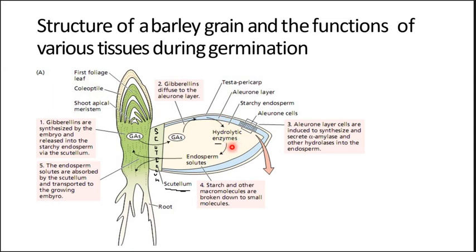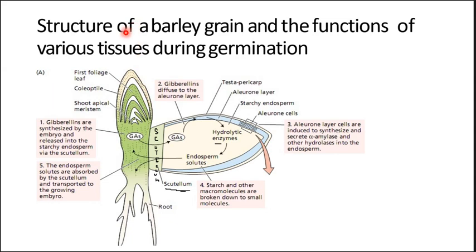Now these hydrolytic enzymes will break the starch grains in the endosperm. The starch grains, broken into small molecules, will be transported back to the embryo. While they are passing the scutellum, they are absorbed by the scutellum and transported to the growing embryo, which will help in the growth of the embryo.